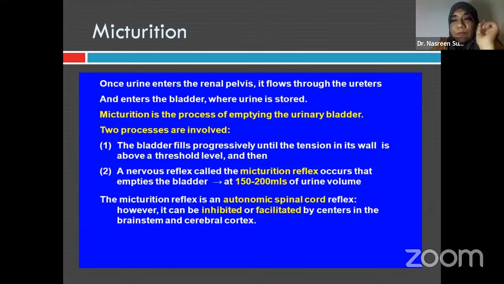If you remember, there will be two types of muscles in the urinary bladder, detrusor muscles and trigonal muscles. Okay. So here what will happen? The detrusor muscles will contract, trigonal muscles will relax, and there will be passage of urine. Once the urinary bladder is emptied, the detrusor muscles will relax and the trigonal muscles will contract. Okay, so that happens in the micturition reflex.